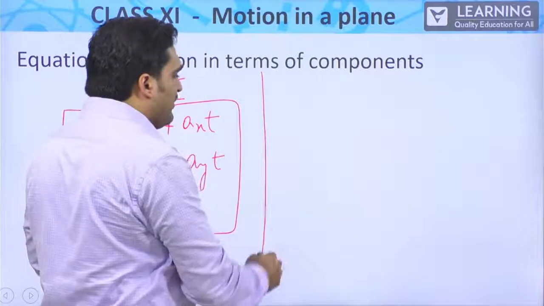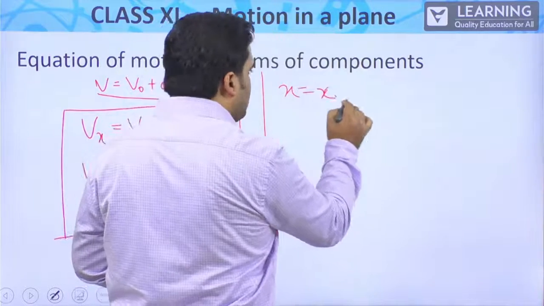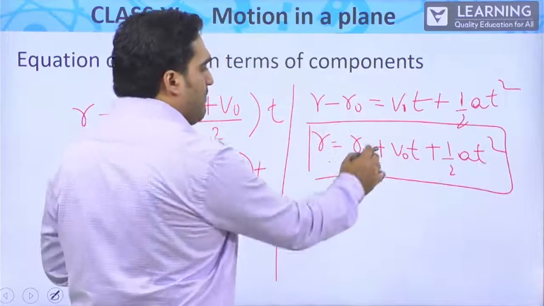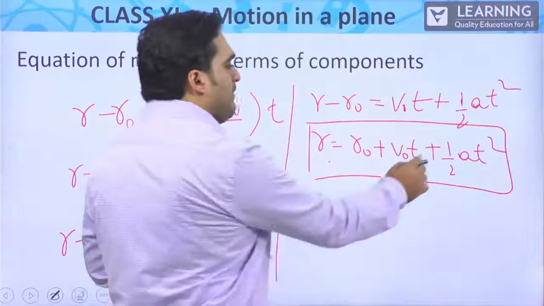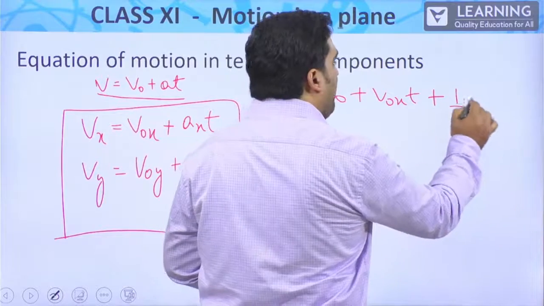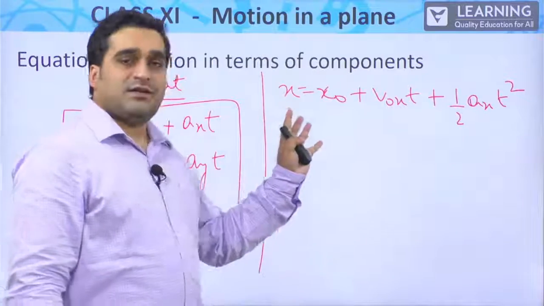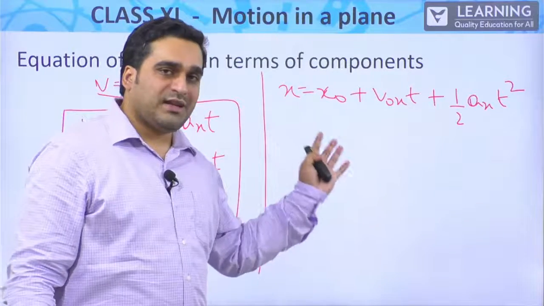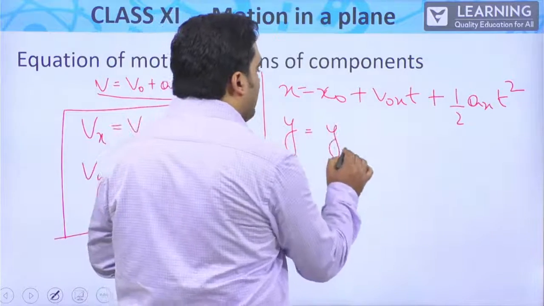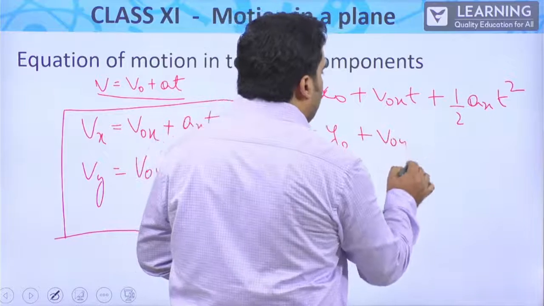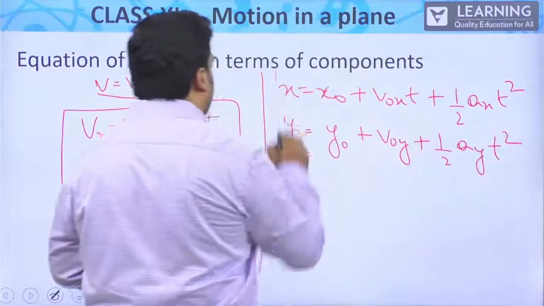So for the x component, it will be x equals x naught plus v naught of x t plus half ax t square. See, the second equation of motion expressed in the x component form. Now for y, y equals y naught plus v naught of y t plus half ay t square.